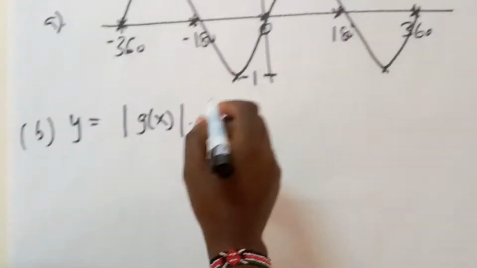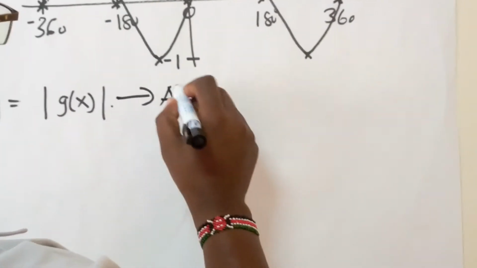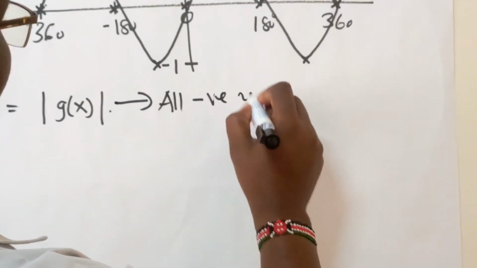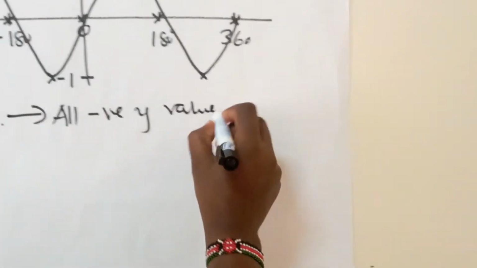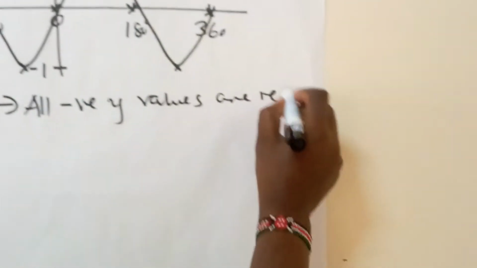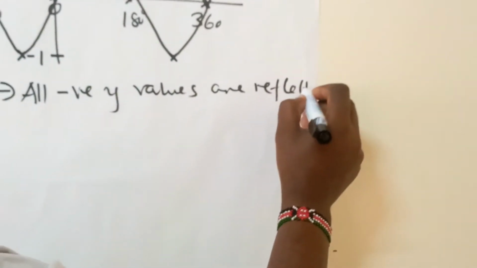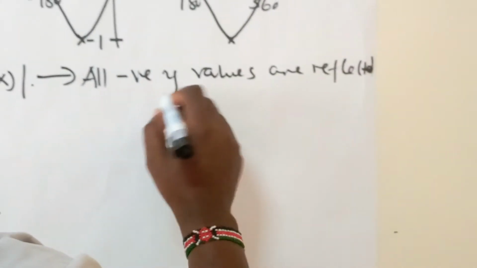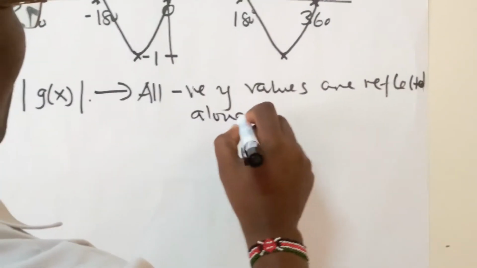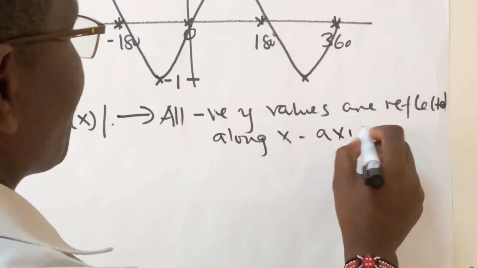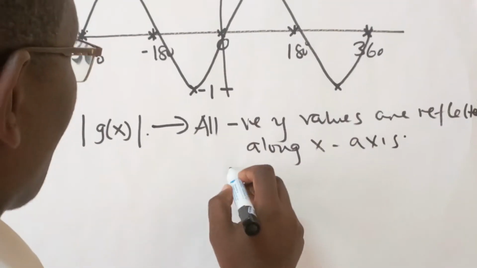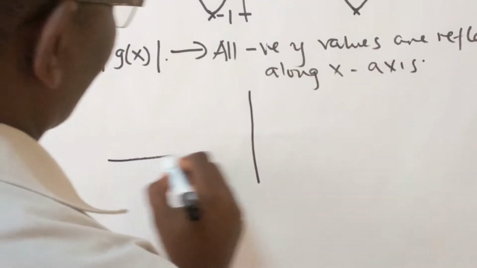What did we say? All negative y values are reflected along the x-axis, and this gives us something like this.